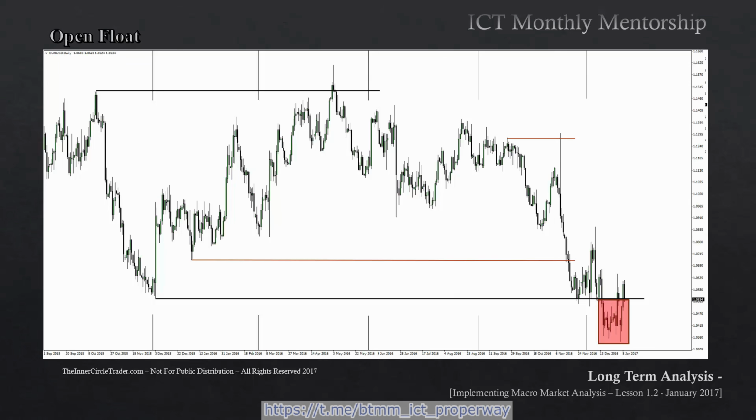But you're seeing the effects of how the quarterly shift takes place, also how the runs on liquidity, and the implementation of open float. Open float is the study of how the market reaches for the buys and the sells that are above market price.